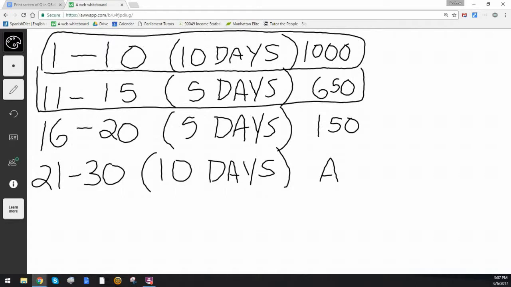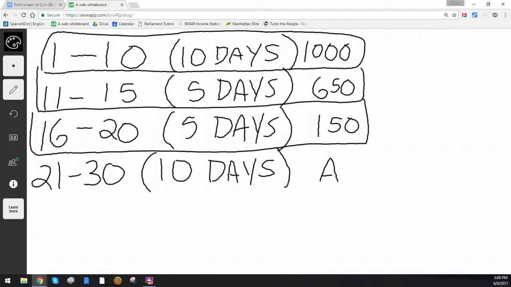On the 16th, there was a withdrawal of $500. So the 16th to the 20th, there was only $150 left. And then there was a deposit of X dollars on the 21st, and the amount of money that resulted from that final deposit stayed in the account for the last 10 days of the month.